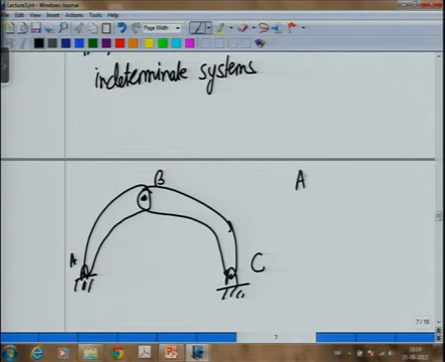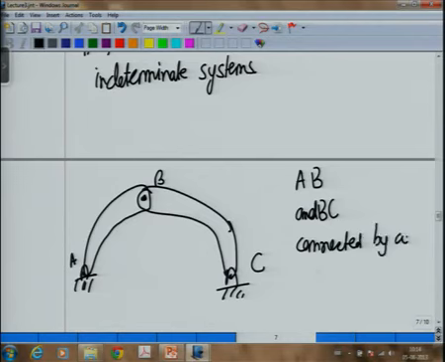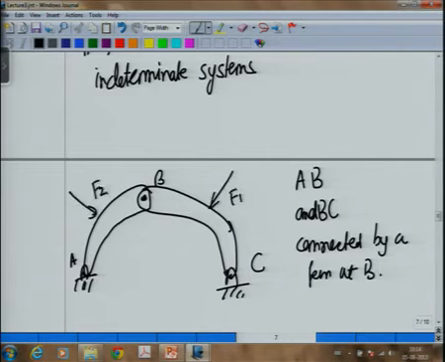Suppose we have links AB and BC connected by a pin at B. Now, is this a statically determinate case or statically indeterminate case?